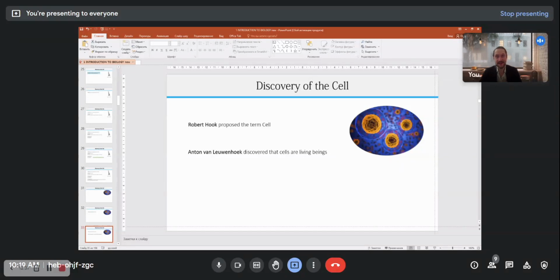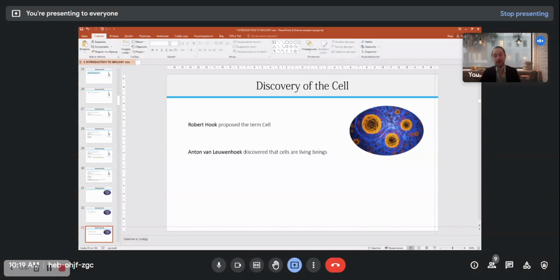And surprisingly, he saw very interesting life that occurs inside of one simple drop of water when he looked at it with the help of a microscope. He saw a lot of what he called animalcules, like tiny animals doing a lot of movements and interactions inside of a small drop of water.